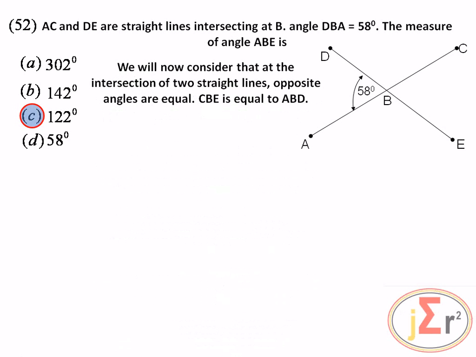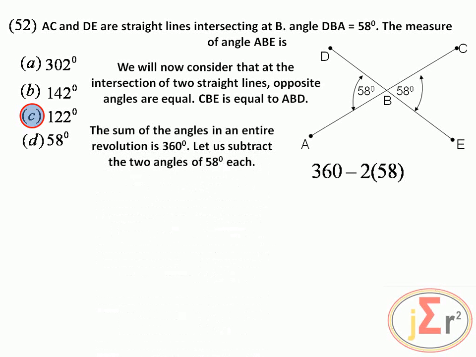We will now consider that at the intersection of two straight lines, opposite angles are equal. CBE is equal to ABD. That one. And also that the other two angles are equal.